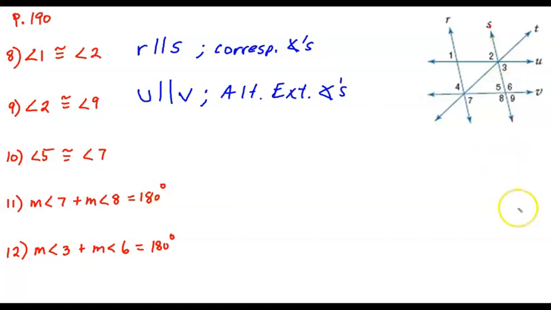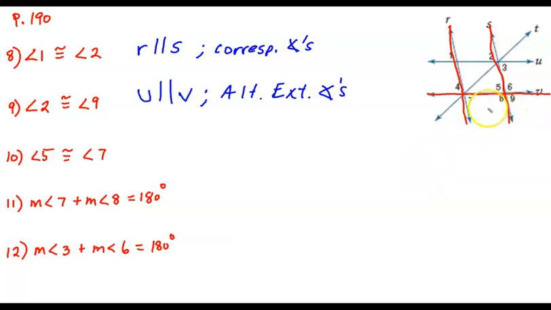Let's take a look at the next one. 5 and 7 are congruent, angles 5 and 7. Let me go ahead and draw our transversal. So 5 and 7 are on either side of transversal V, cutting through R and S. Terrible lines.